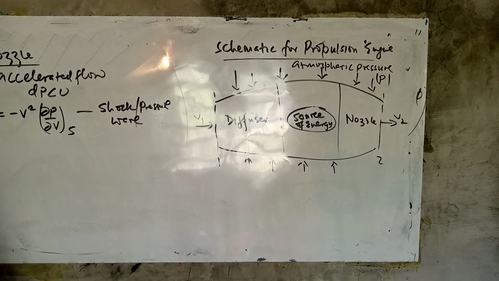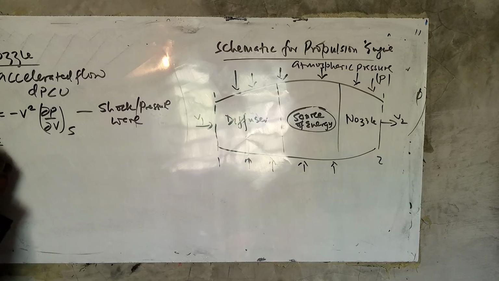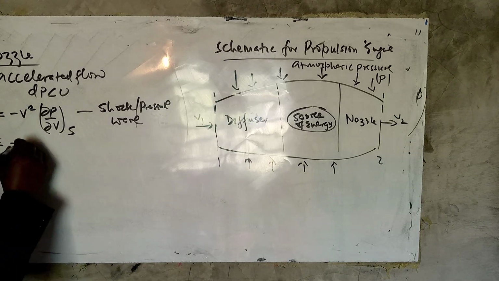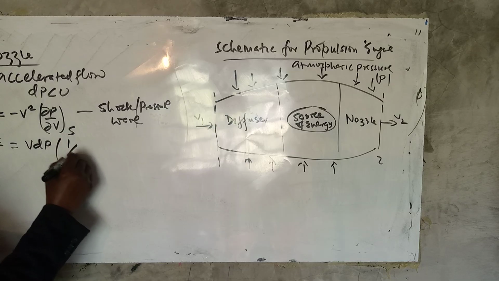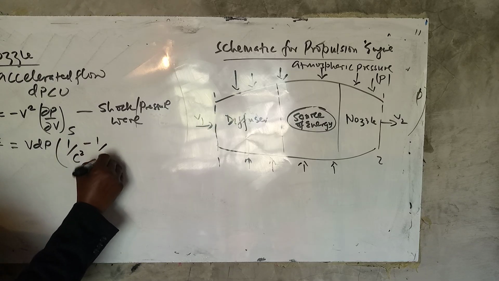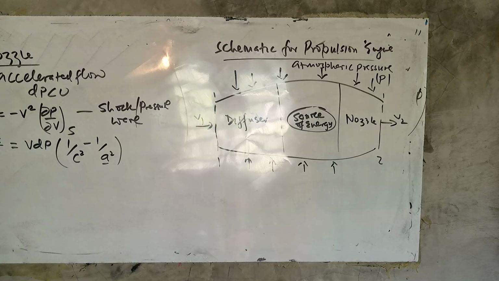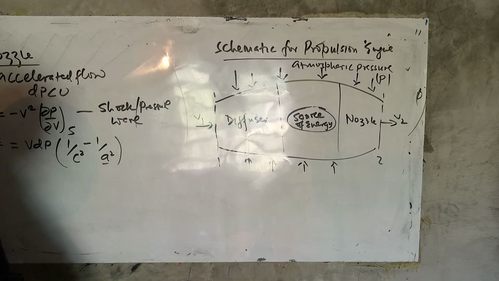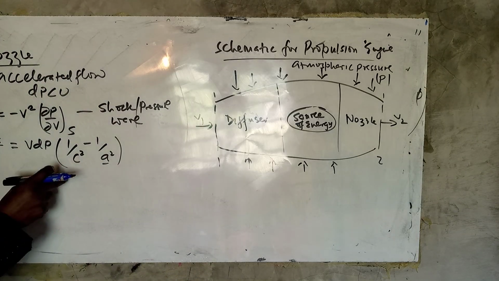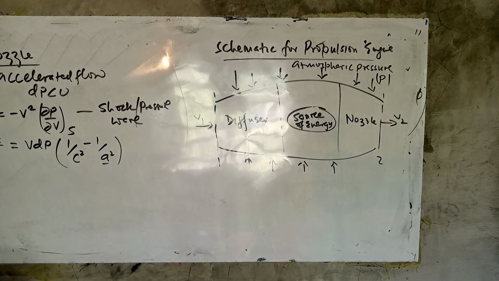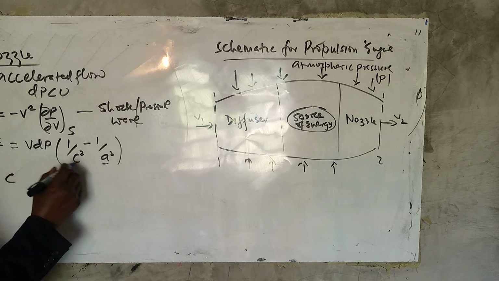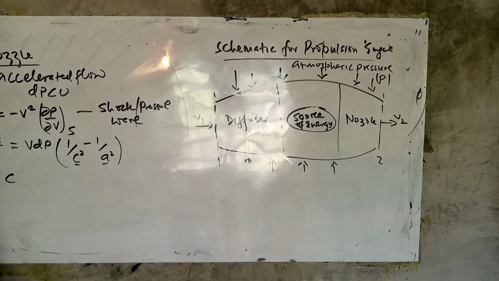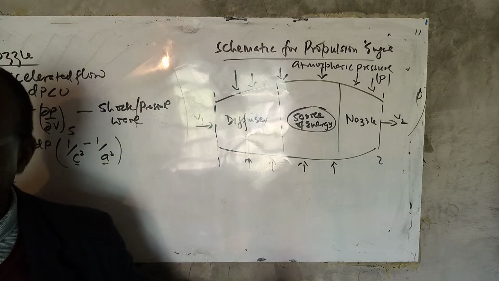Recall that we also said that for the duct, we have the expression VdP at 1 over c squared minus 1 over a squared, that we attributed to sound wave. And we mentioned that in the case of the nozzle, when C is the velocity, remember we had that duct, that was a stationary duct.